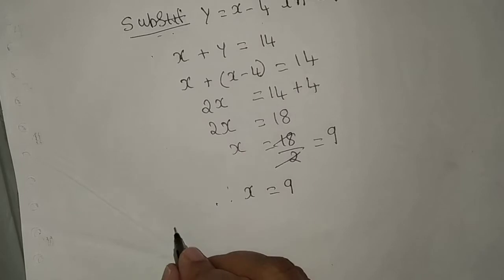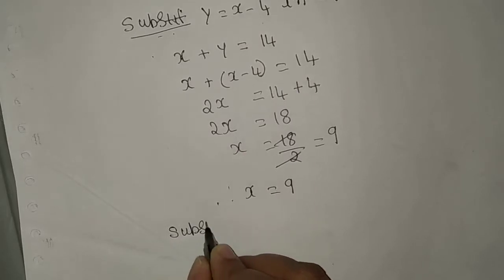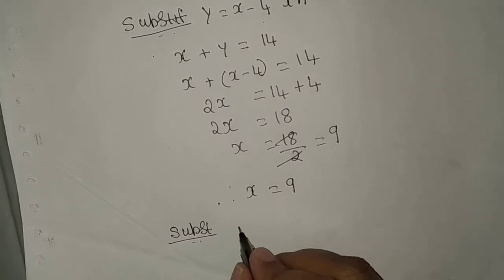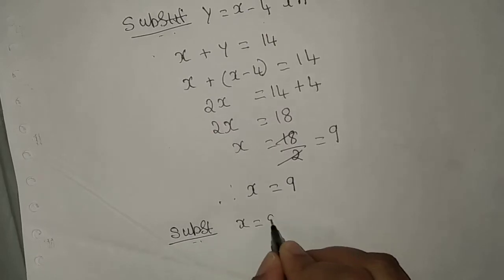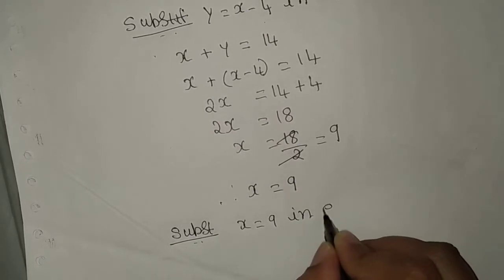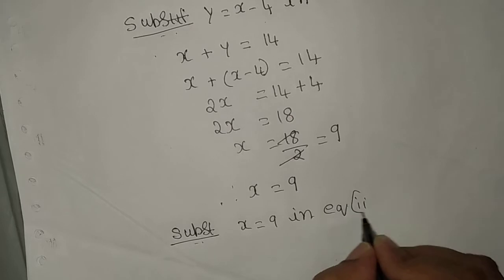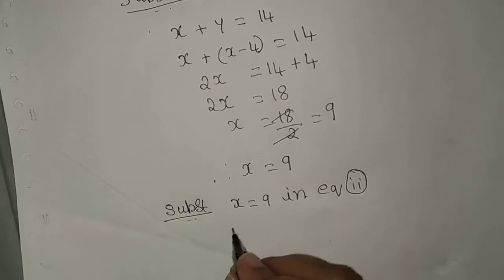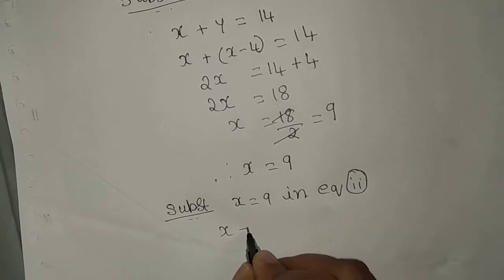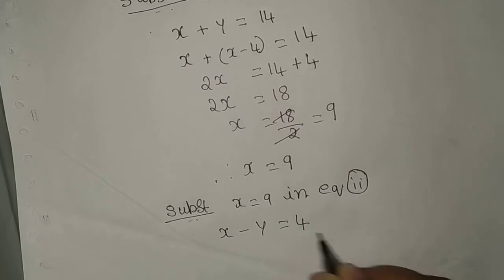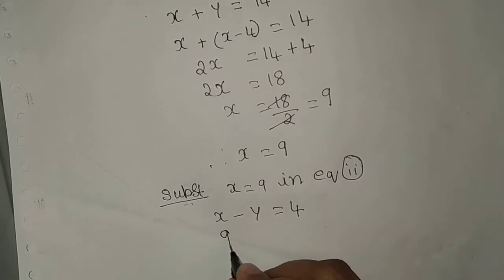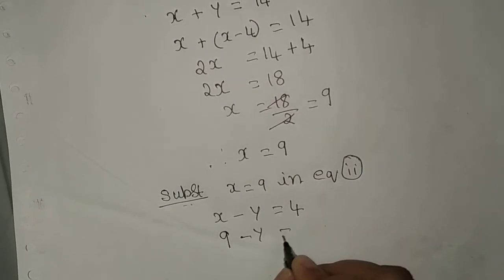The next step is to substitute x is equal to 9 in equation 2. What is equation 2 here? x minus y is equal to 4. Now substitute x is equal to 9, so 9 minus y is equal to 4.